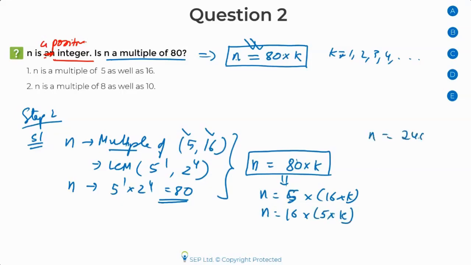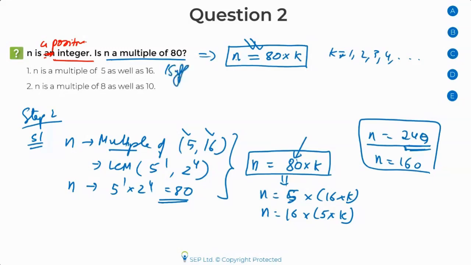It could be 240, but 240 is when K is 3. N could be 160. That's not a problem. But I know for sure that N contains 80, because if it does not contain 80, it will not be a multiple of both of them. So this is telling me that N is 80 times K. That is why this statement is going to be sufficient. Now, if this statement is sufficient, my answer is going to be either A or D. So I'm canceling out other options.